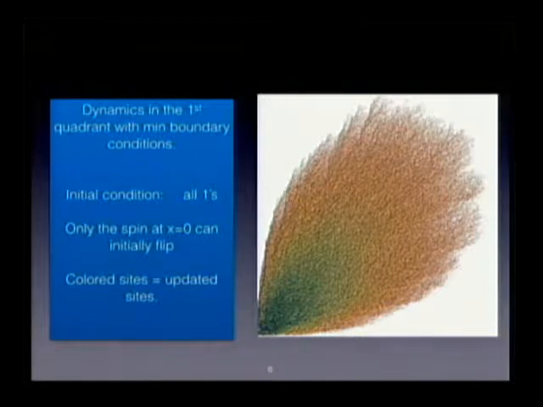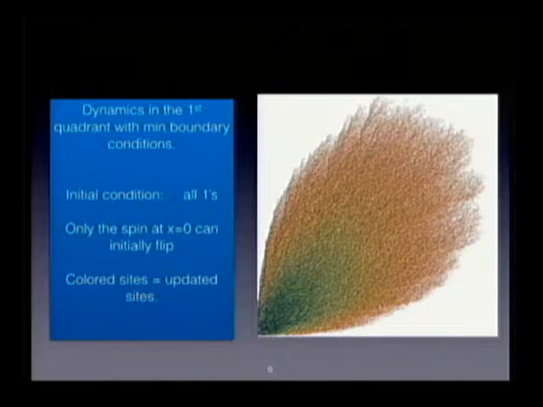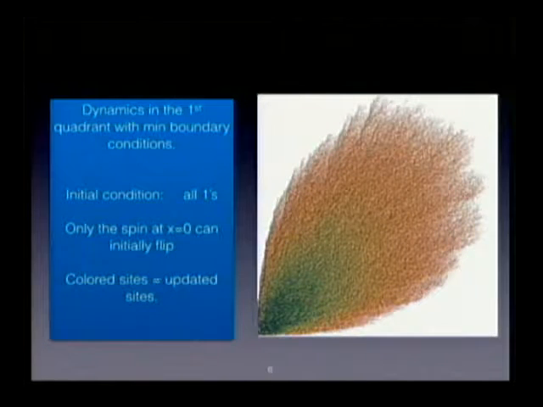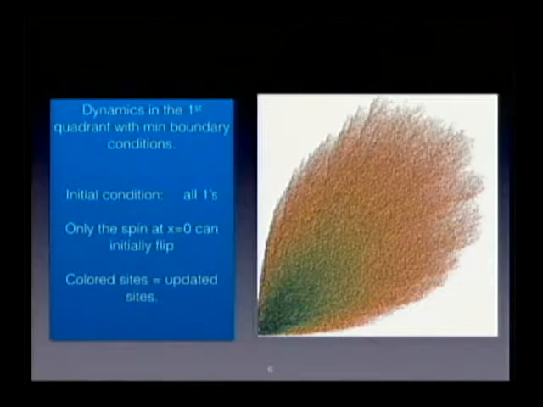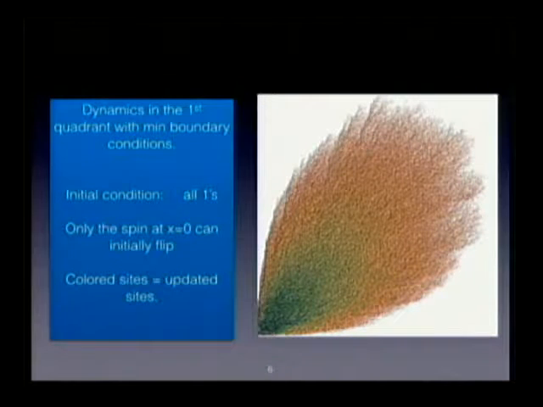And the dynamics seems to be faster roughly along the diagonal. I don't have the movie here, but if you make a movie in time and you rescale this set by 1 over t, the time, then you get that the shape of the set, as t goes on, more and more resembles a well-defined convex shape. So there is a conjecture that eventually there is a limiting shape for that.